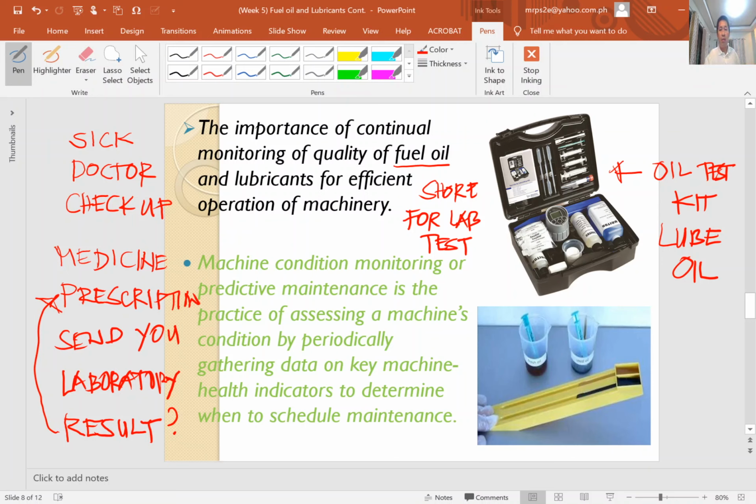By the result of this test, you will know if there is a problem with your engine. The same with the doctor: the result of the laboratory, the doctor will analyze and will give you a prescription for you to buy medicine.